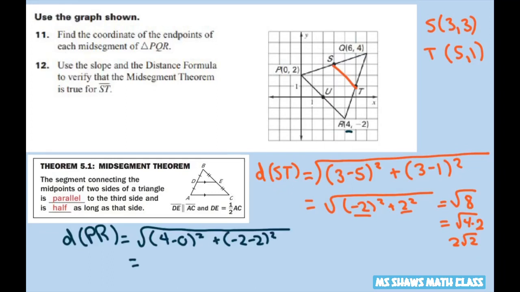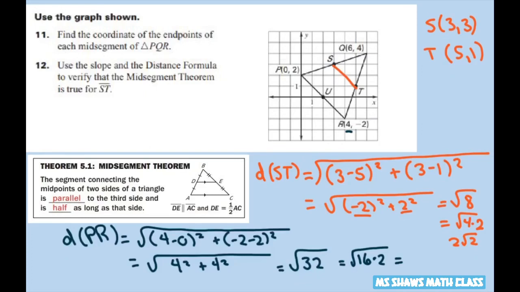Now that equals the square root of 4 squared plus 4 squared, which equals the square root of 32. Now the square root of 32 can be written as 16 times 2, which is 4 square root of 2.